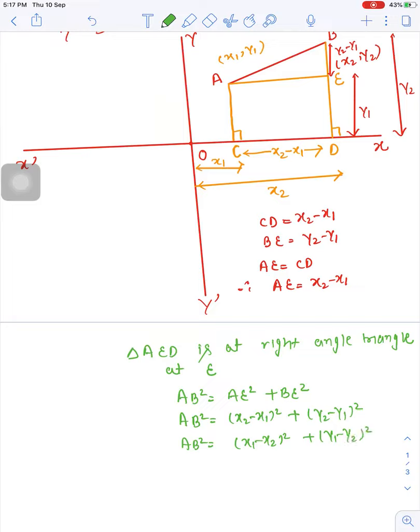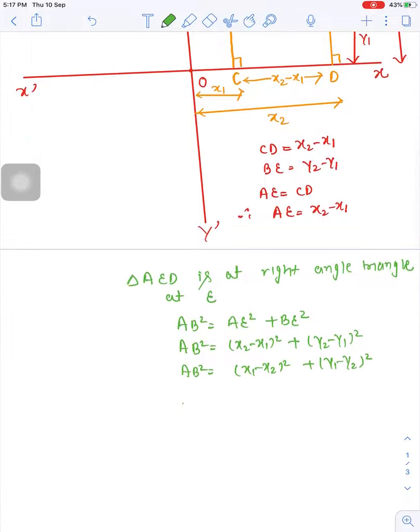Why? Because of the presence of the square. As we know, the square will convert the negative value into positive value. So if somebody is writing x2 minus x1 or the other one is writing x1 minus x2, both are correct because of the presence of a square.